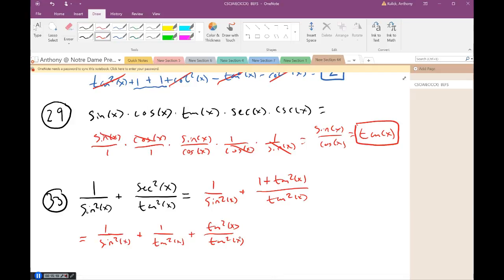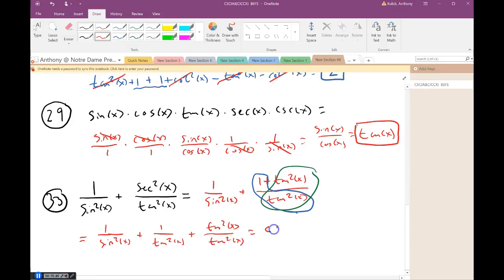I just took that one fraction with a common denominator and wrote it as a sum of two fractions with a common denominator. Right, so I just took this fraction plus this fraction. Well, they can now that I've written it this way.